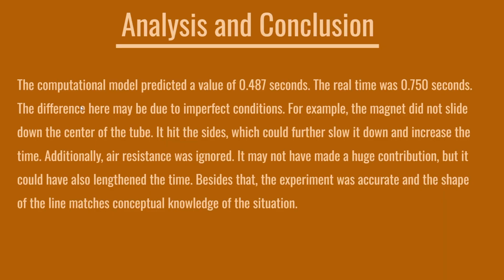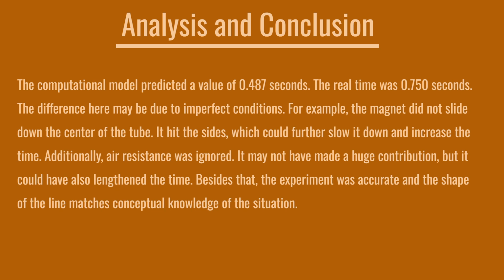So with our analysis and conclusion, the predictive value was 0.487 seconds, like I said, and the real time was 0.75. The difference here is likely due to imperfect conditions. There's a pretty big gap in this lab, because if the magnet, which I know it didn't, doesn't slide perfectly down the center, it can hit the edges, which can change its velocity and adds friction force as well.